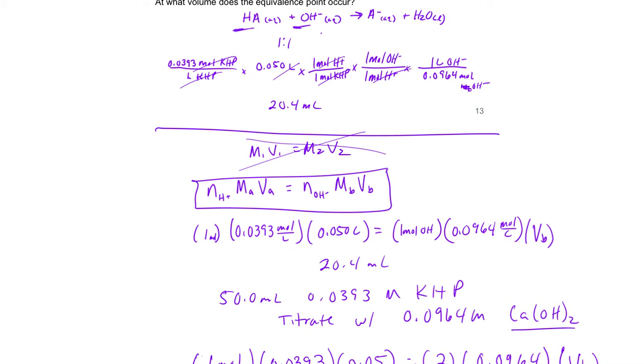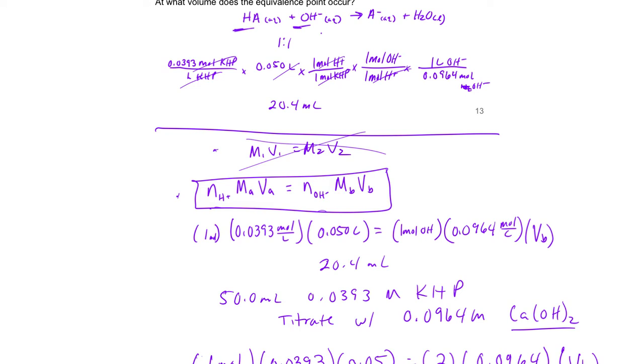Can't you reduce this equation to the other one though? This to this? What do you mean? If it's 1-to-1, that's fine. This will also work too. No, I mean the dimensional analysis.